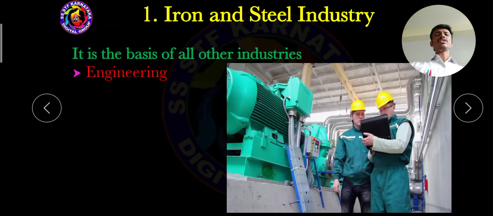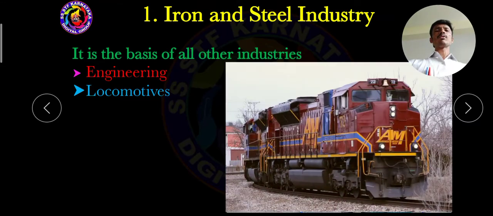Then engineering, that is applied science and technology. In the iron and steel industry, science and technology are applied through engineering. Then locomotives. Do you know, locomotives means a wheeled vehicle consisting of a self-propelled engine.